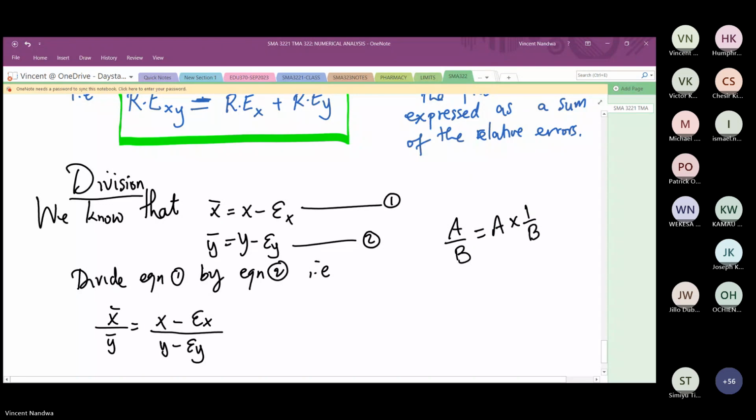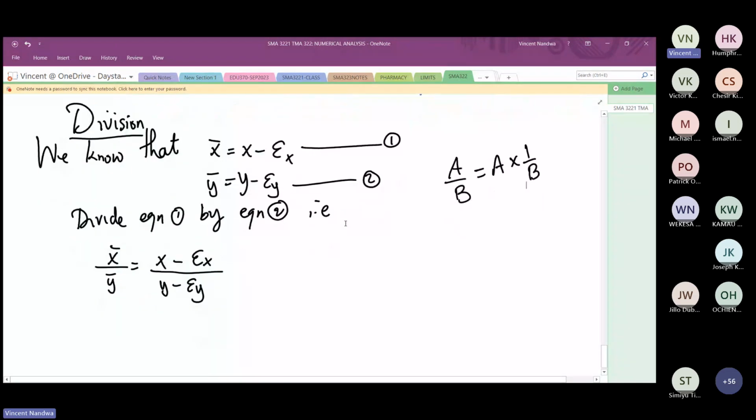Good. So we are going to apply the same thing to the right-hand side of our new equation. This is nothing but x minus error in x, then we multiply by 1 over y minus error in y. I hope by doing that, everyone sees that we are not performing any miracle. That equation is still exactly the same.